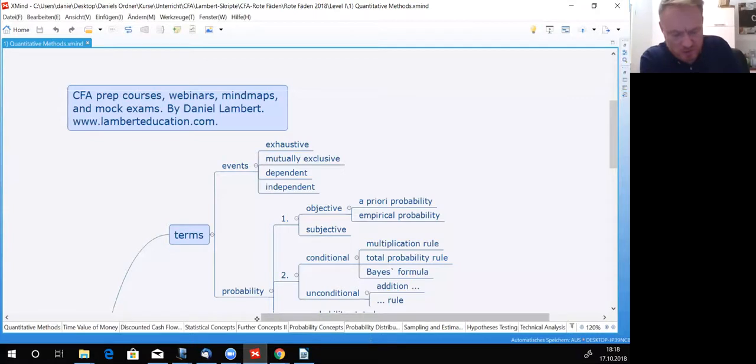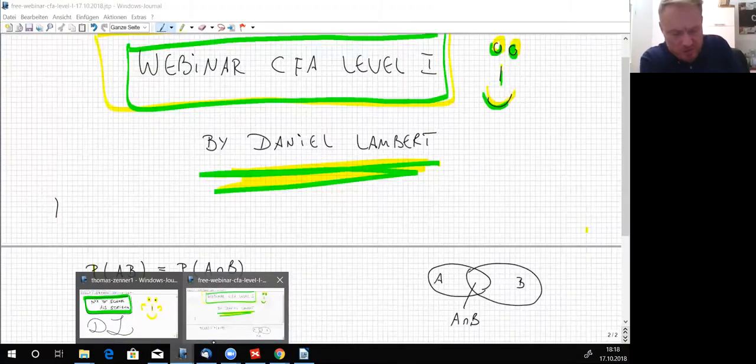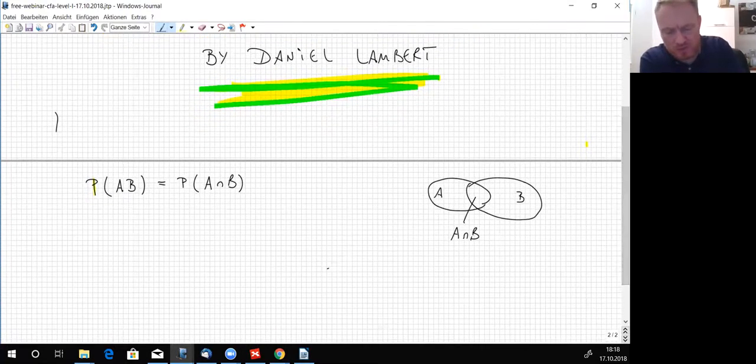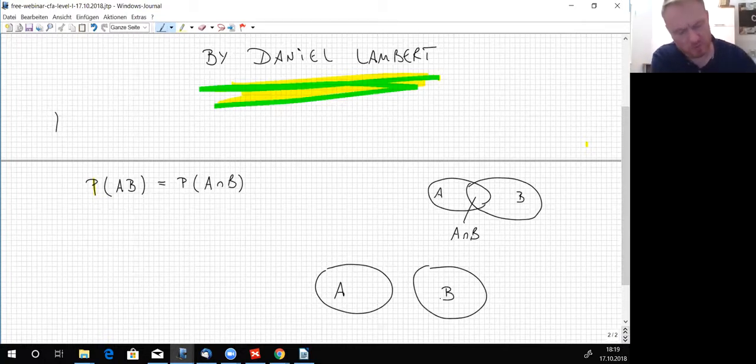Mutually exclusive is a different thing. Mutually exclusive is if we look at A and if we look at B, this means that A and B happening at the same time, A as well as B, is the empty set.